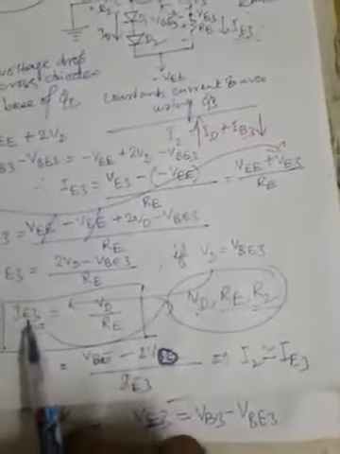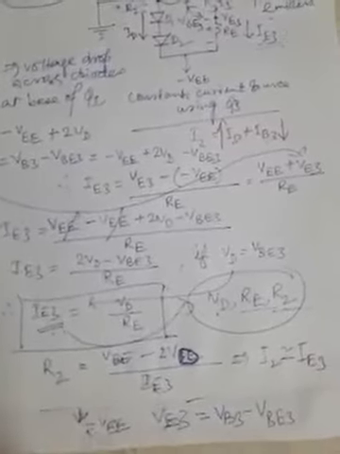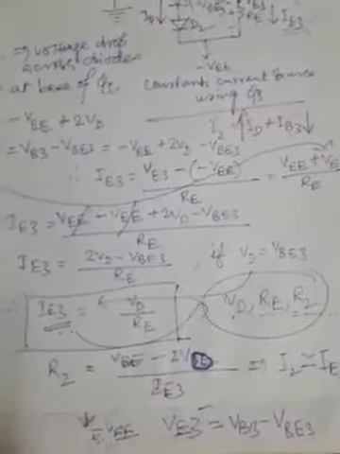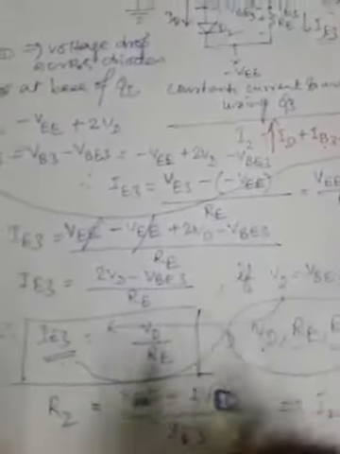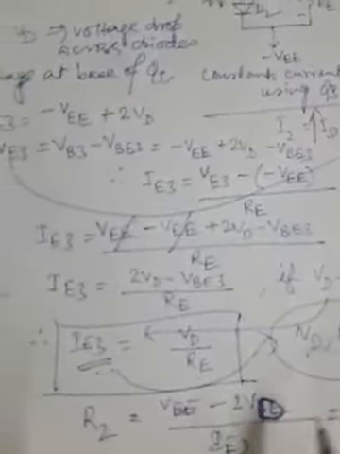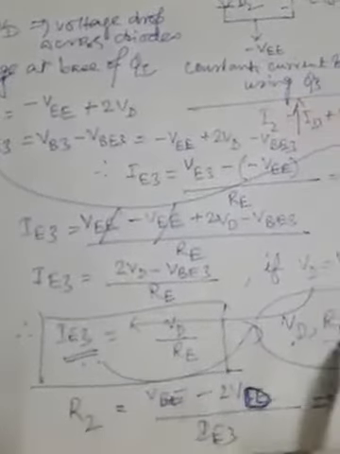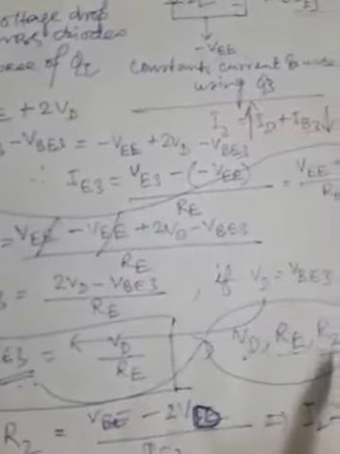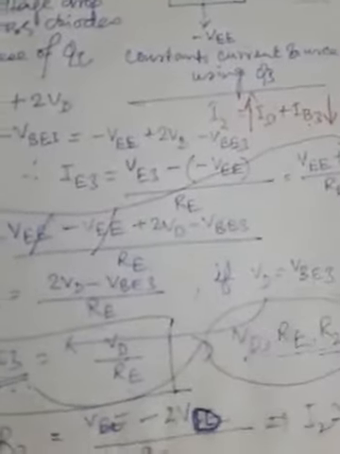So we can say that this IE3 is dependent on VD, RE and R2. Considering VD as 0.7 volt, if we have IE3 as our chosen or desired value, we find the value of RE with the help of this equation, and using another equation we find the value of R2.